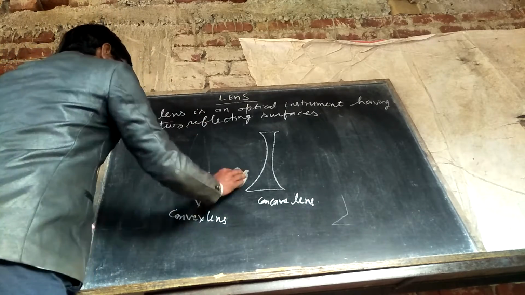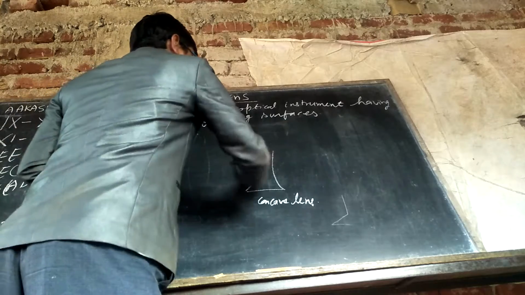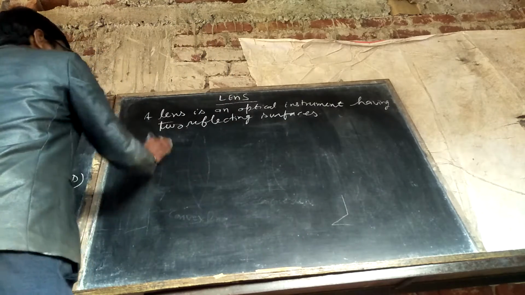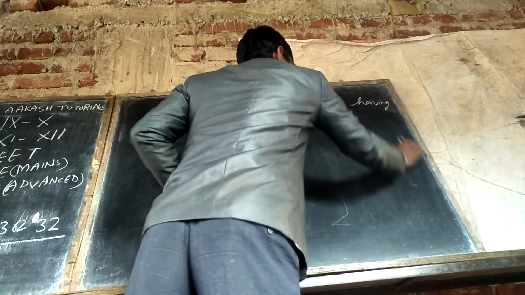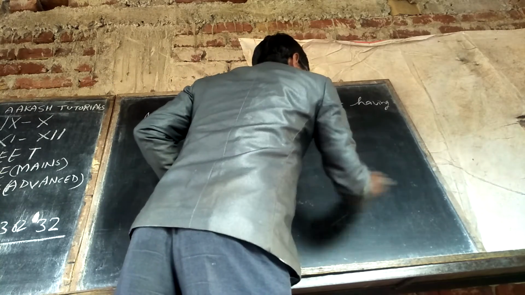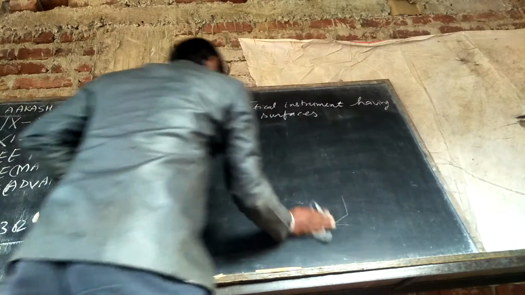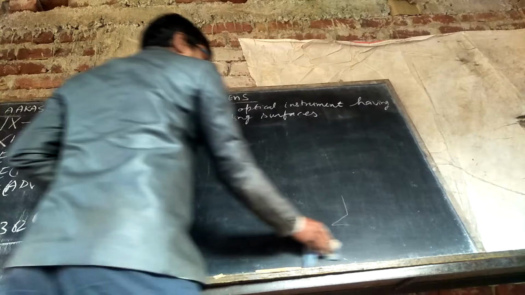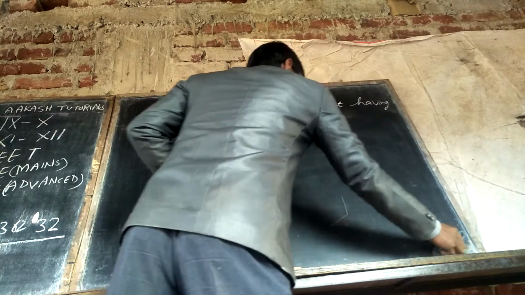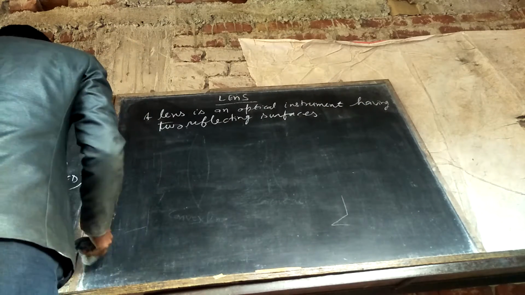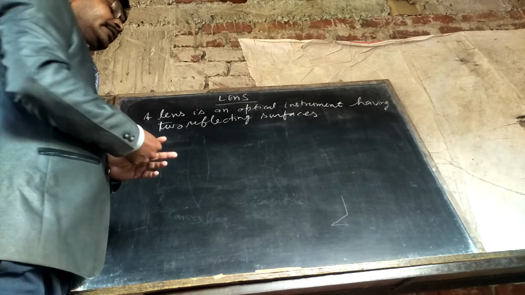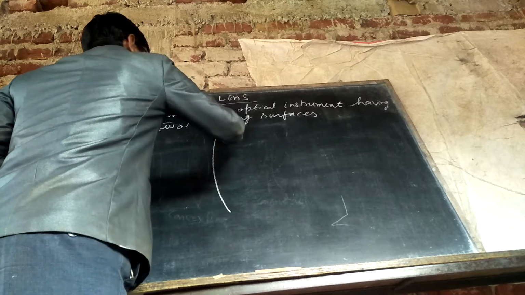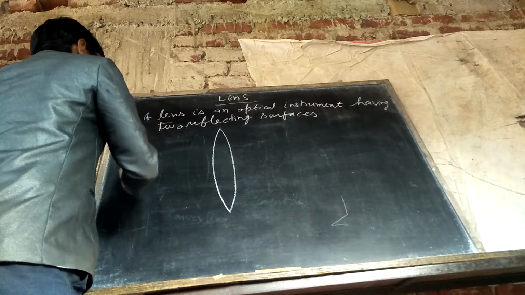Now we will study some more basic terminologies. Here a question arises: in the case of a mirror we had studied that a mirror has a single principal focus and a single center of curvature, but in the case of a lens, as a lens has two reflecting surfaces, a ray may come from either side, leftward or rightward.